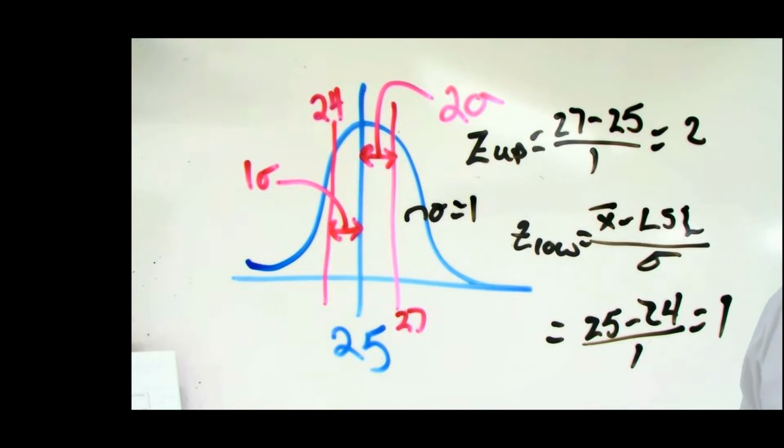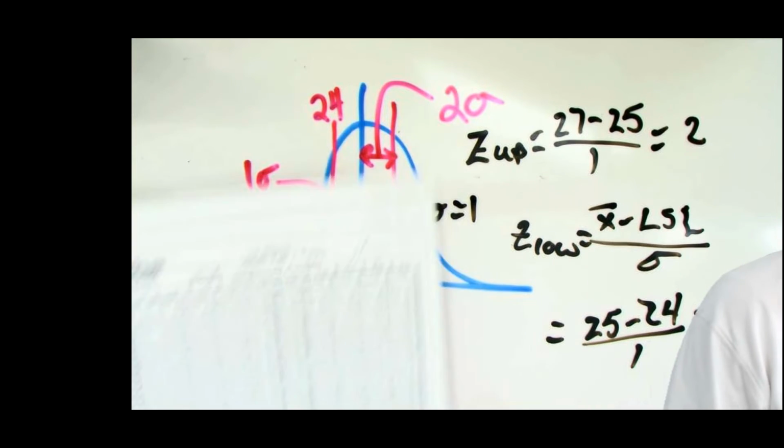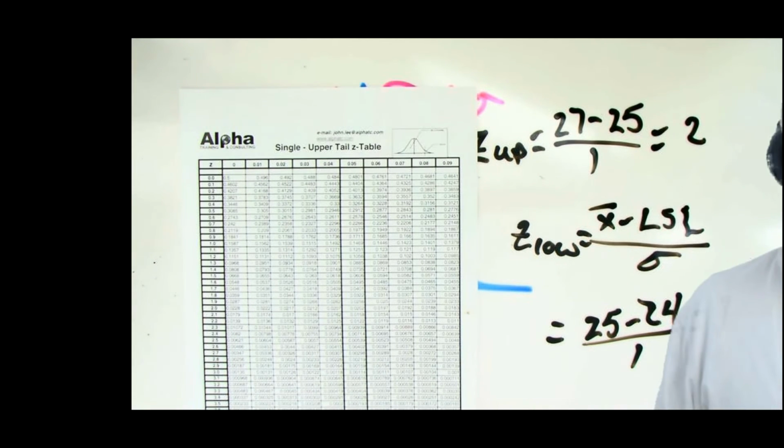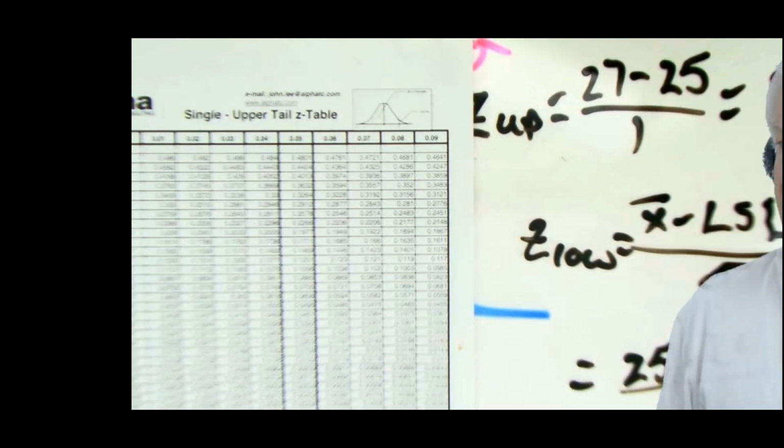Okay. So I'm trying to read your 27, 25, Z upper, 2, Z lower, 25, 1. Okay, I get that part. All right. So now I go to the Z table and I look up 2.